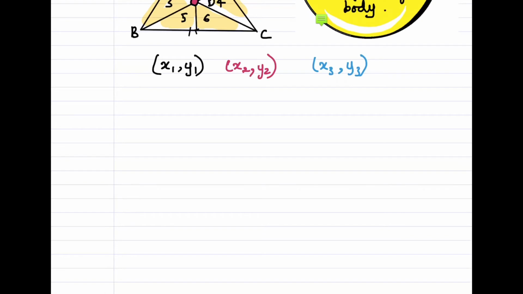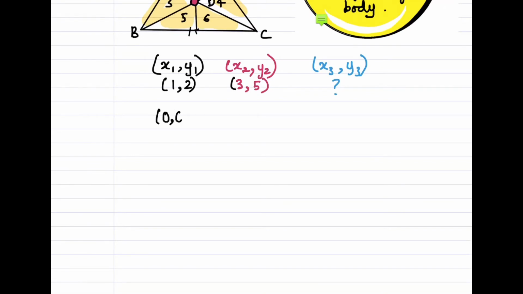It is given to us that this is (1, 2) and that this is (3, 5), and this is what we need to find: what is (x3, y3)?